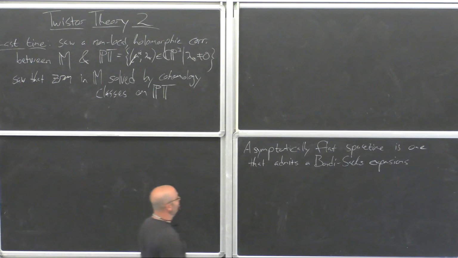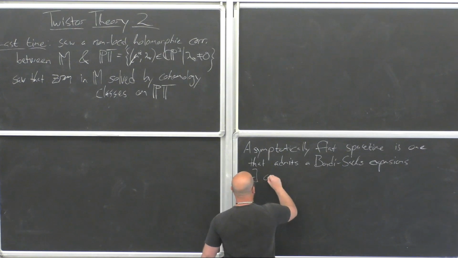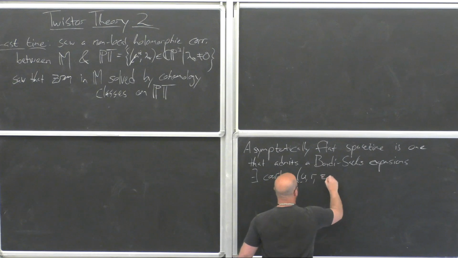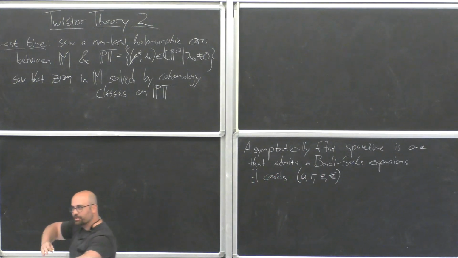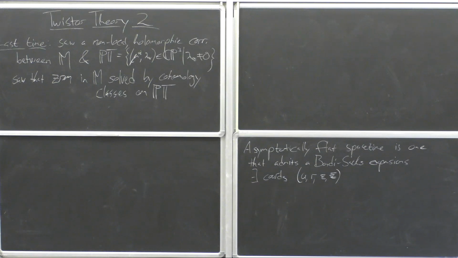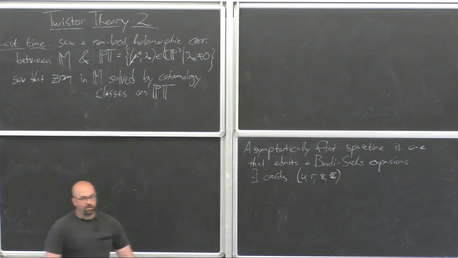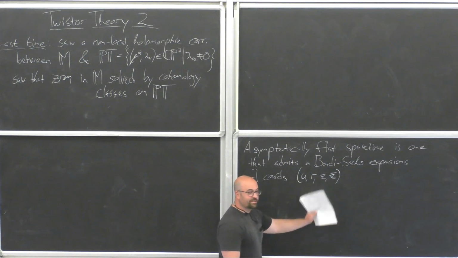What it really means is that there's some coordinate system U, R, Z, Z bar, such that large R corresponds to being very far away from regions of high curvature, and that you can conformally compactify the spacetime with a conformal factor that's basically like R. And then your future null conformal boundary has coordinates U, Z, and Z bar.